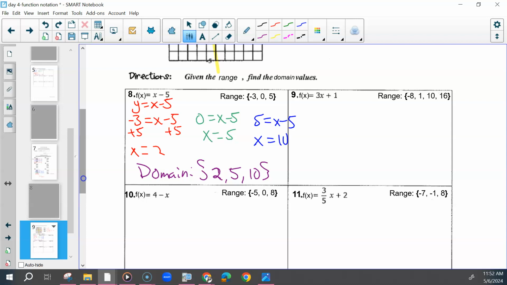Are there any others on this page you want to go over? For the remainder of class, you do have a Delta Math on this, which is the last Delta Math of the year that's due on Friday.